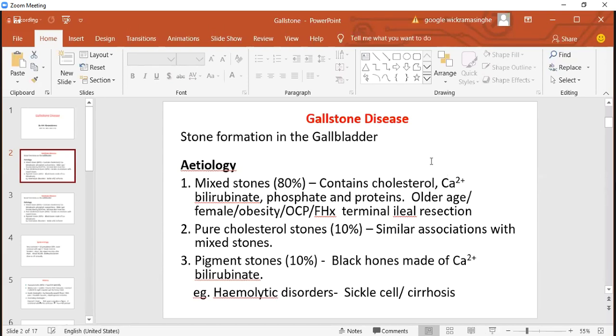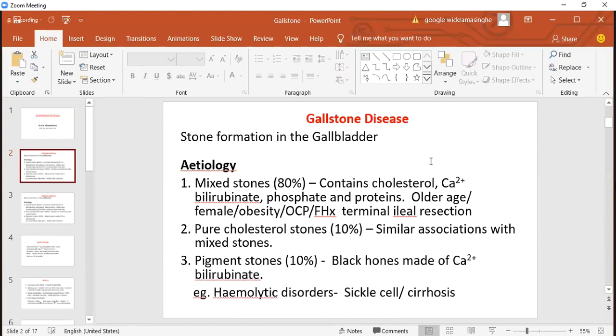These mixed stones usually occur in older people, especially in females and obese people, people on oral contraceptive pills, and people with a family history or past history of terminal ileal resection.